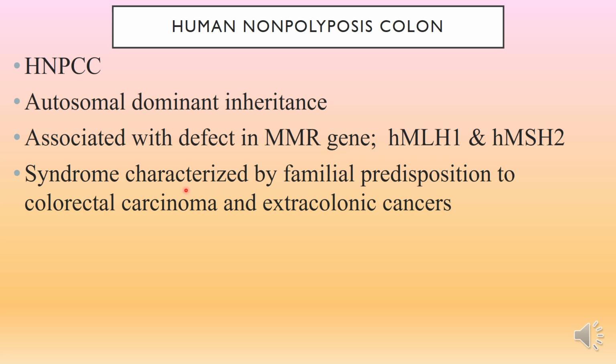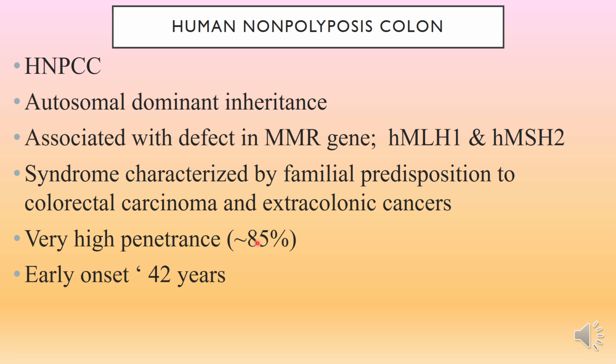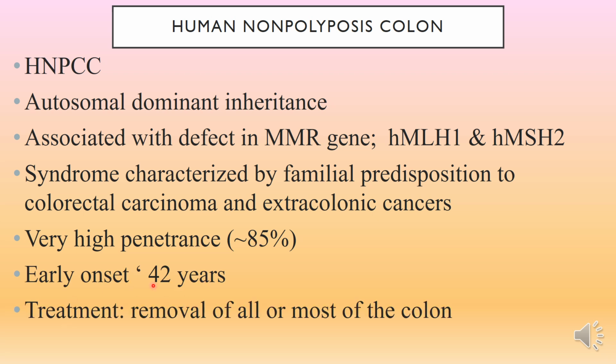The syndrome is characterized by familial predisposition to colorectal carcinoma and extracolonic cancers. It has very high penetrance, around 85%. There is an early onset by the age of 42 years. The treatment is removal of almost all or most of the colon.